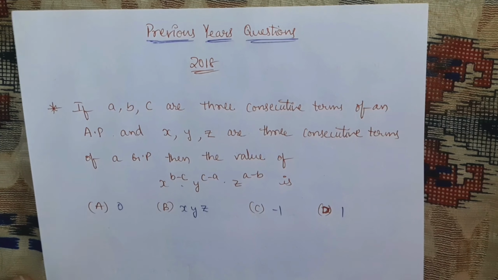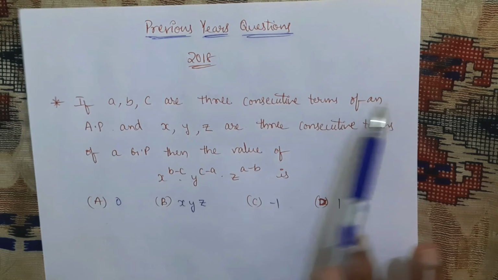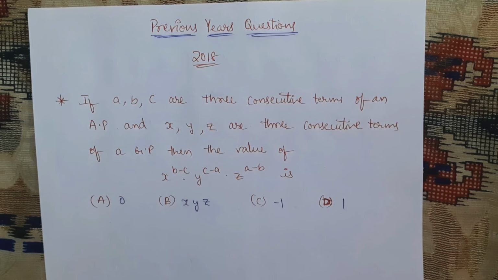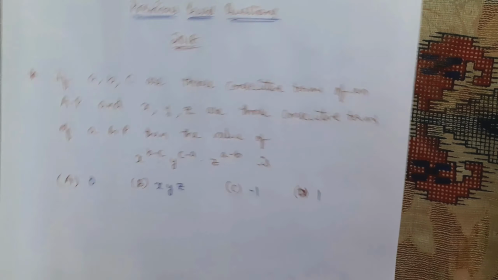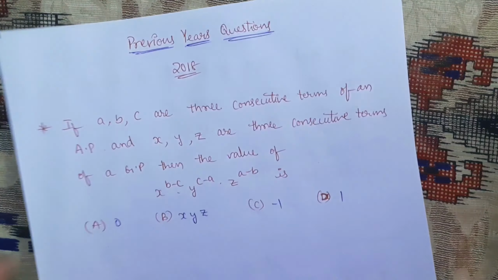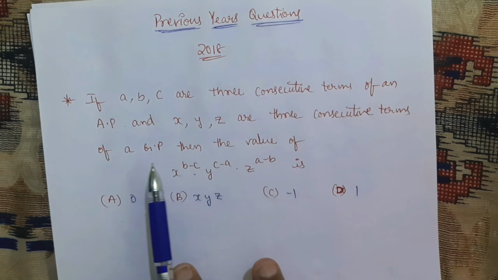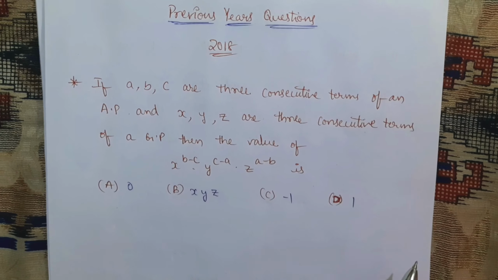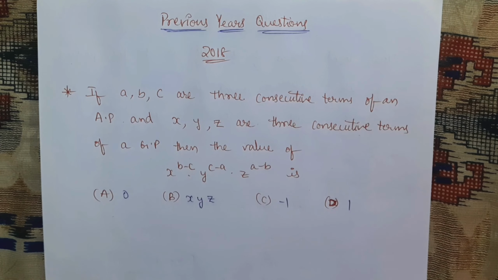Now this question: if a, b, c are 3 consecutive terms of an AP and x, y, z are 3 consecutive terms of a GP, then the value of x power b minus c into y power c minus a into z power a minus b is.